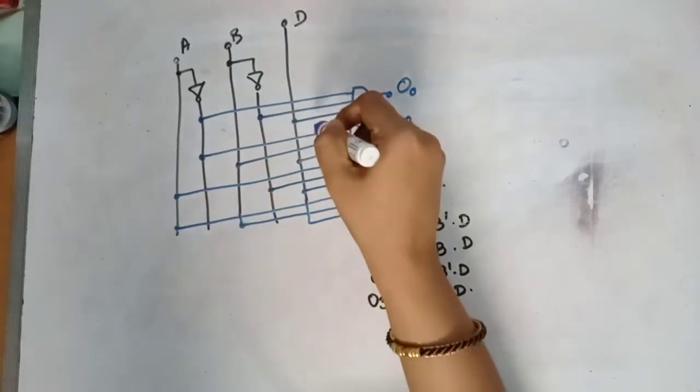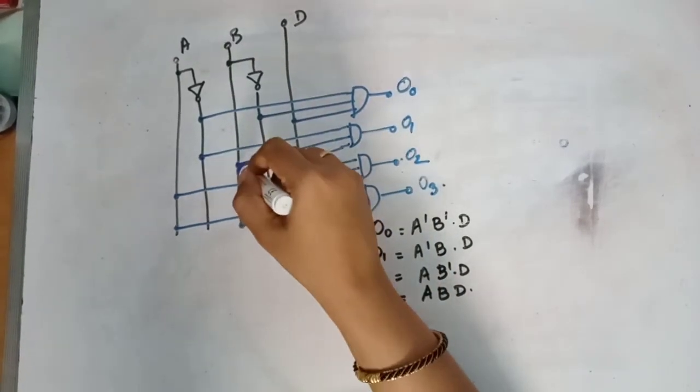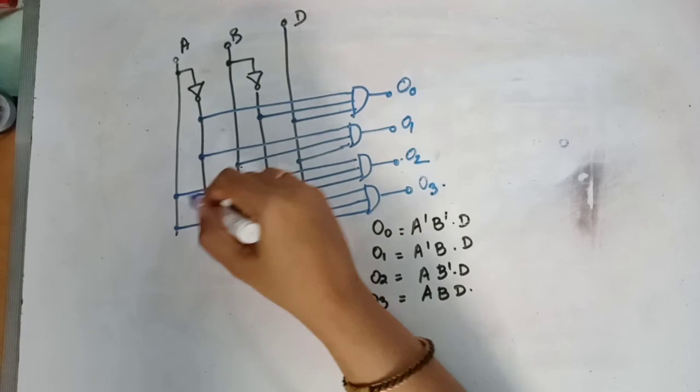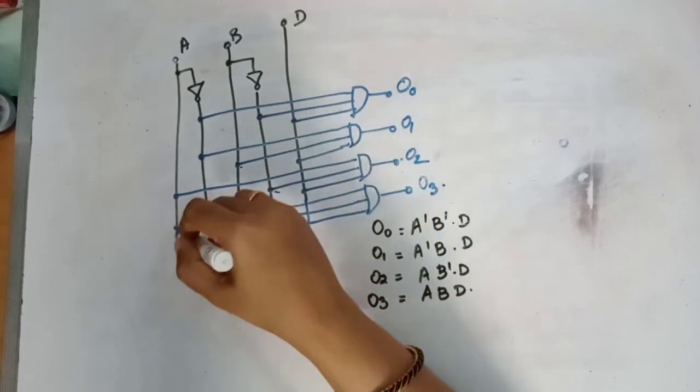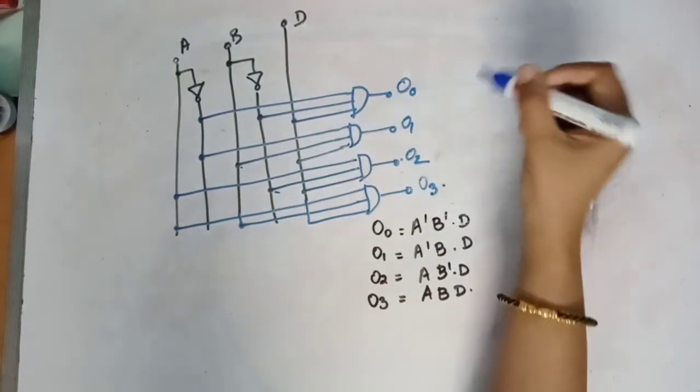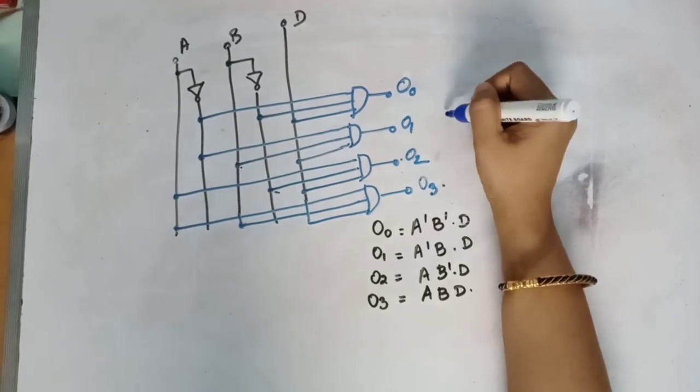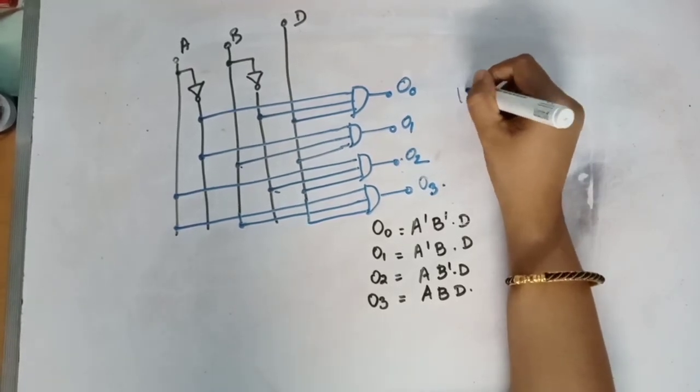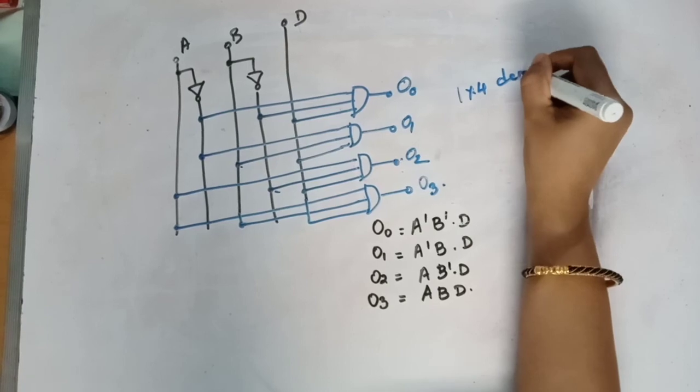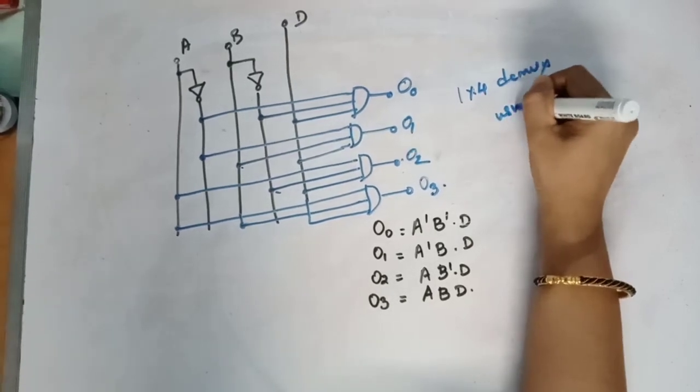So A bar, B bar, D; A bar, B, D; A, B bar, D; and A, B, D. Okay, so this is 1/4 demux using logic gates.